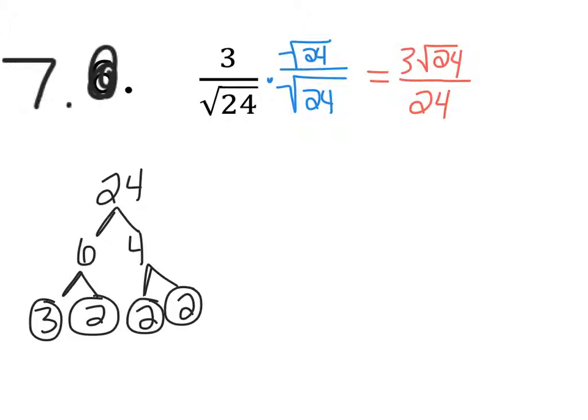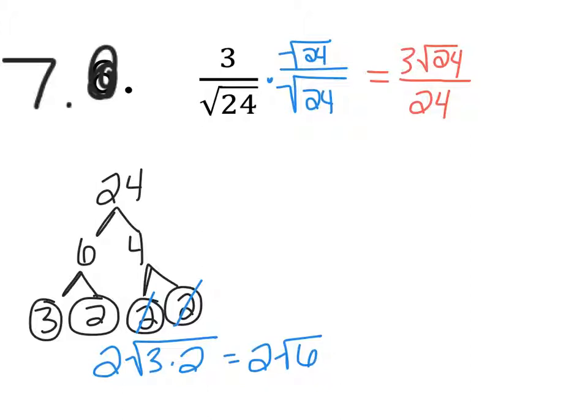Alright, do we have any pairs? Yes, we have one pair of 2's, so we write 2 once, cross out that pair. Any other pairs? No, so we put 3 and 2 inside. So that will give us 2 square root of 6.